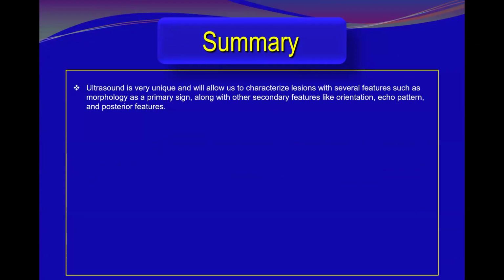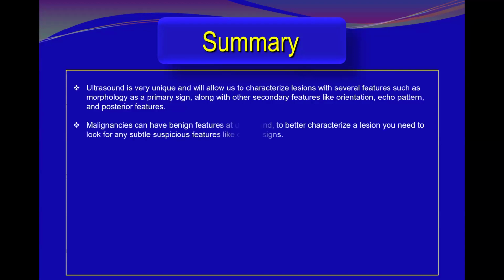Okay, so in conclusion, what we can summarize from this presentation is that ultrasound is very unique and allows us to characterize lesions with several features, such as morphology as the primary sign, along with other secondary features like orientation, echo pattern and posterior features, as we have mentioned in previous sessions.